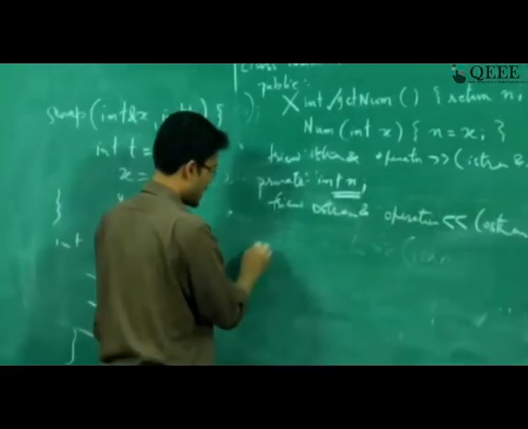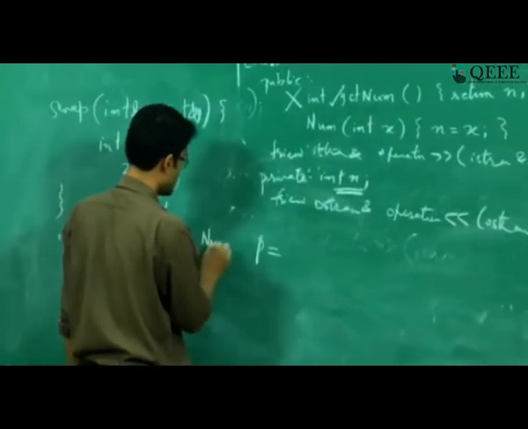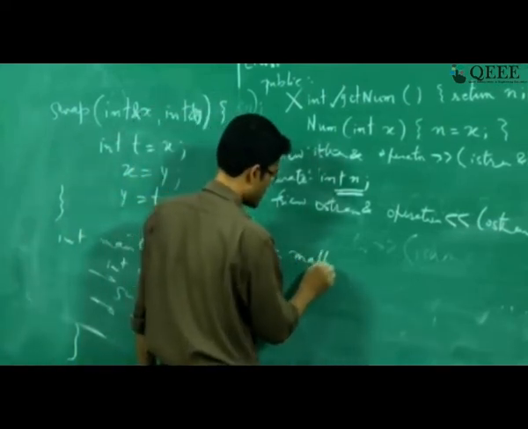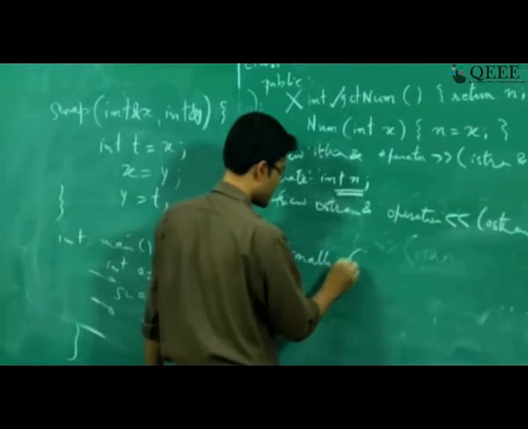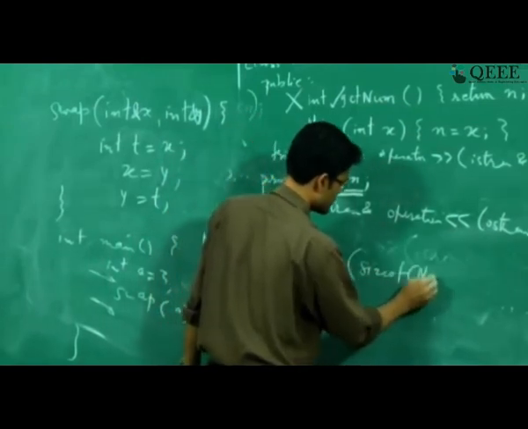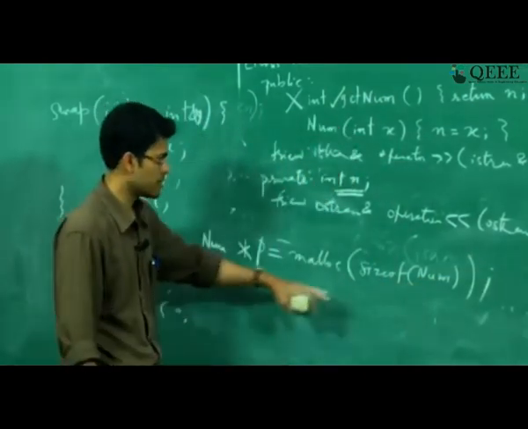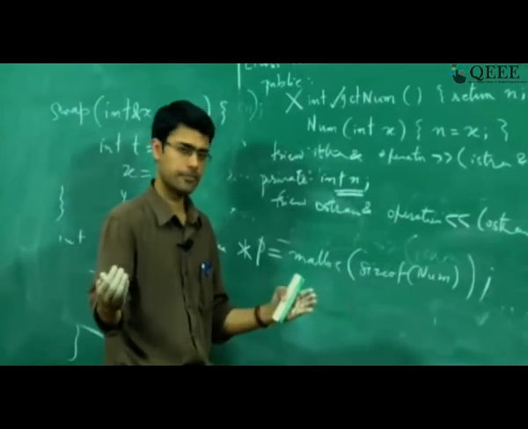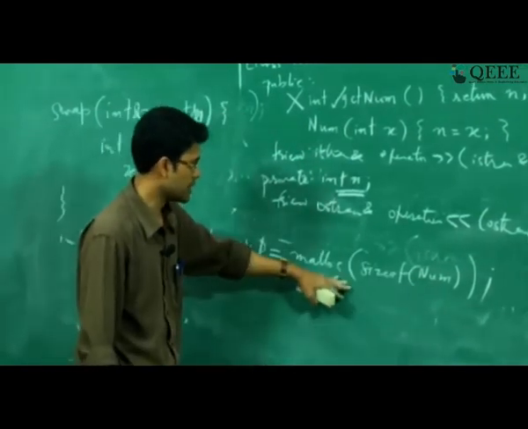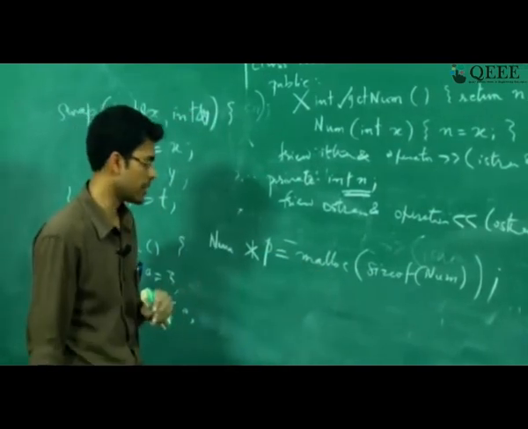So when I say, let's say num star p equal to malloc, let's assume that the typecasting is done fine, and then sizeof num. So I have created a memory area which is of the same size as num, and I'm returning its pointer to p, so p starts pointing to that memory area.